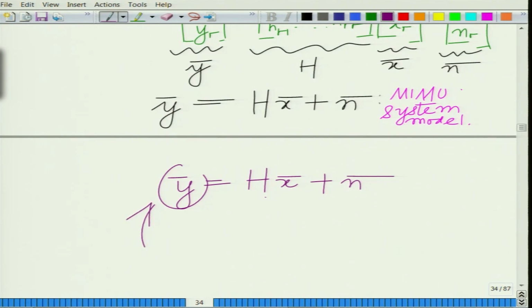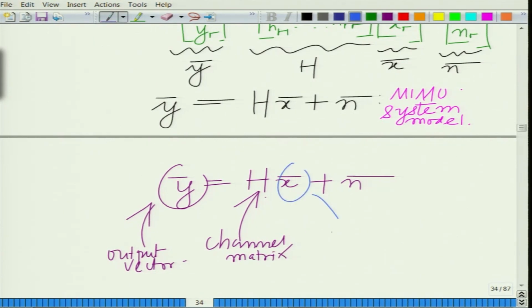This is your output vector, the received vector. This is your channel matrix. This is your transmit vector. And this is your noise vector.